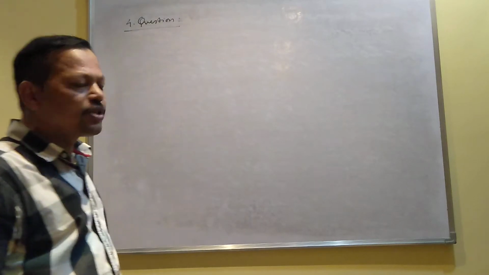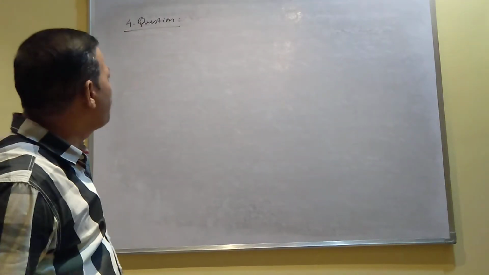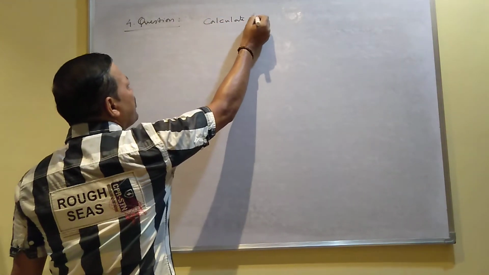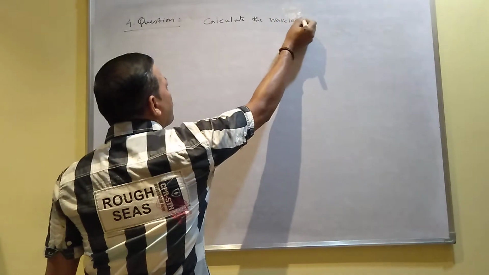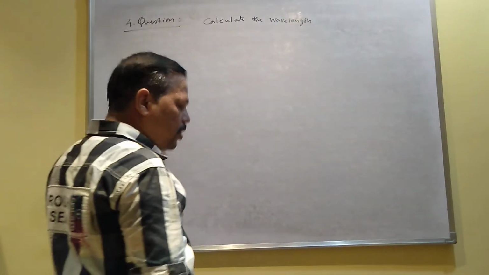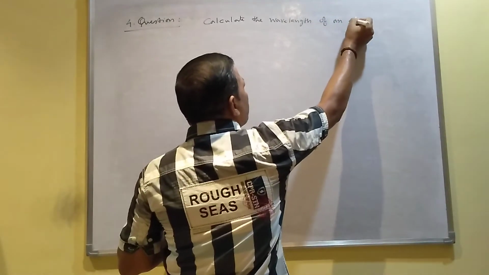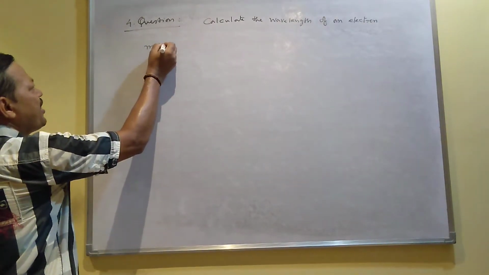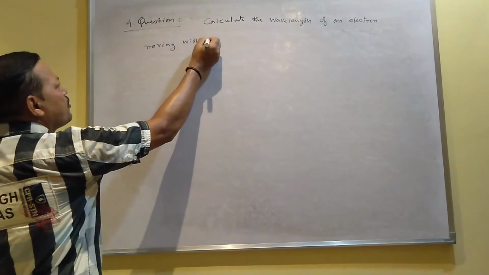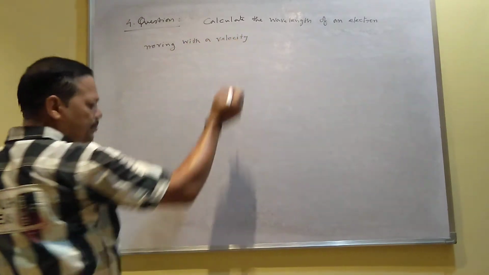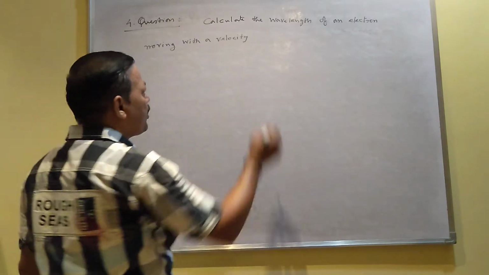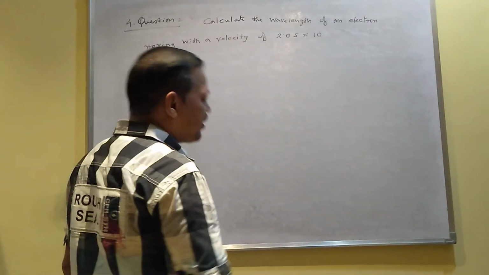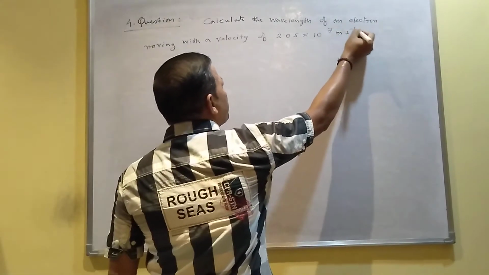Okay, this is another question, question number 4. This question is from your textbook. Simple question: calculate the wavelength of an electron moving with a velocity of 2.05 into 10 to the power 7 meter per second.